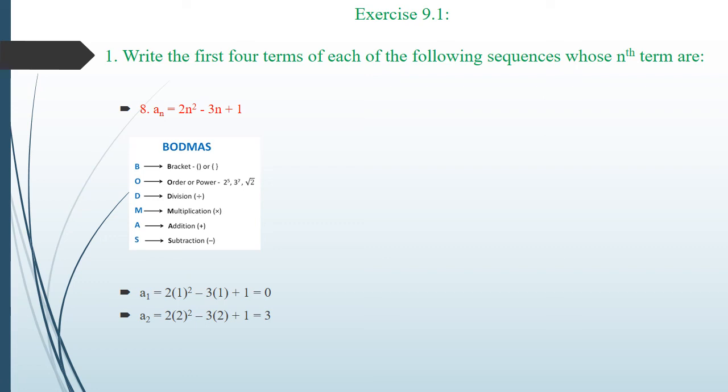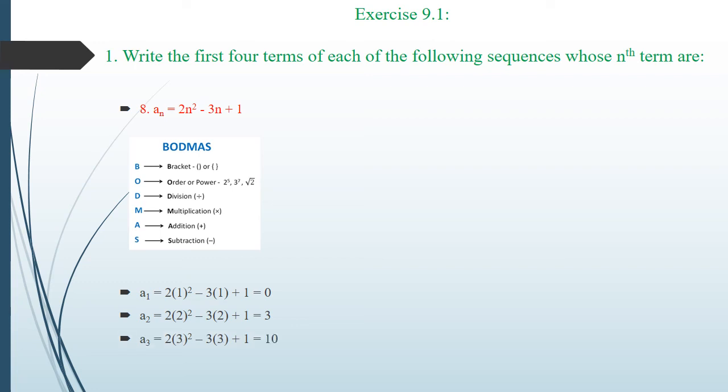So I completed these multiplication operations. Then I can go for addition or subtraction. Addition and subtraction can be done simultaneously, that is not a big issue. Therefore I get 2 square as 4, 4 into 2 that is 8, minus 3 into 2 that is 6. 8 minus 6 will give me 2, 2 plus 1 is going to give me 3.